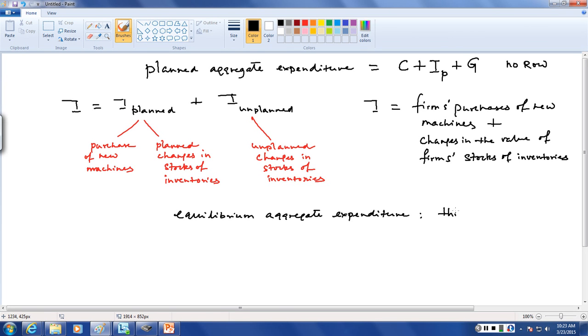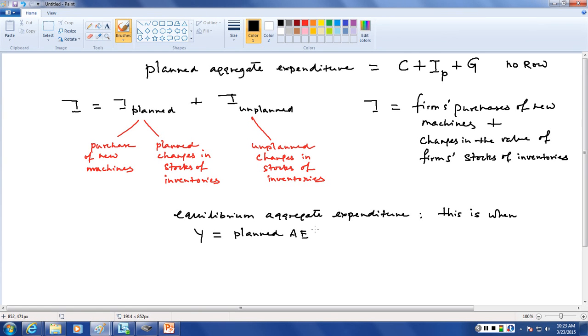This is when Y is equal to planned aggregate expenditure. Let me explain this. Let me explain this to you. Equilibrium aggregate expenditure.